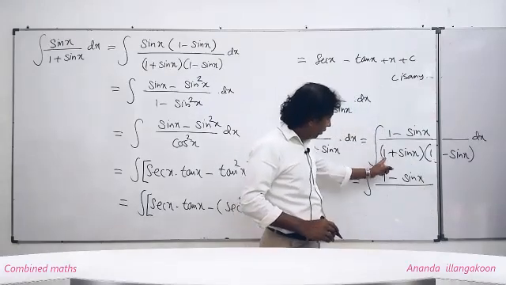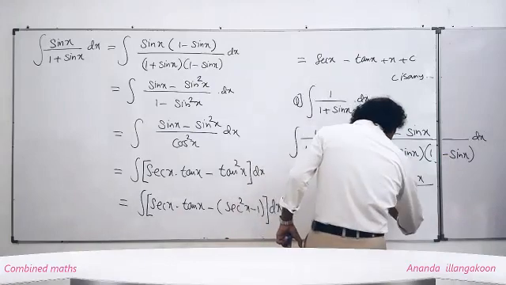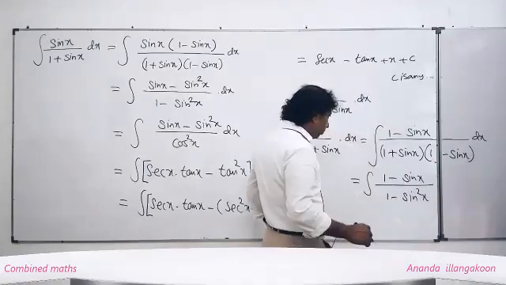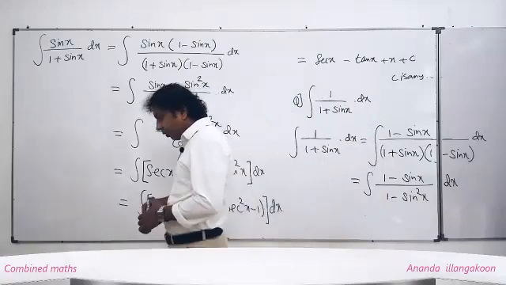Here a plus b, a minus b: 1 squared minus sin squared x, 1 minus sin squared x, no? 1 minus sin squared x is cos squared x.